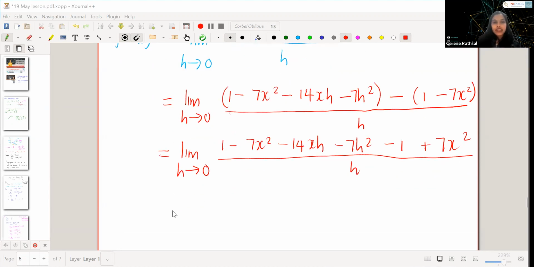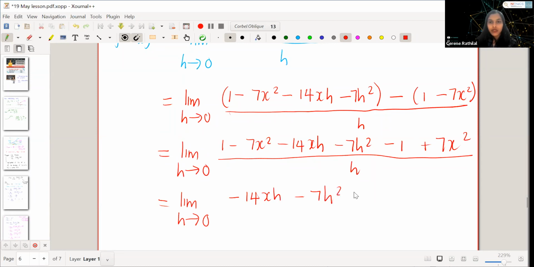So in the next line, when we're simplifying that numerator, I see that what we're left with is negative 14xh minus 7h squared. Do we all agree with that? So that has gotten rid of that. And this has removed this. So I've only been left with 2 terms in the numerator, and then we're dividing in the denominator.